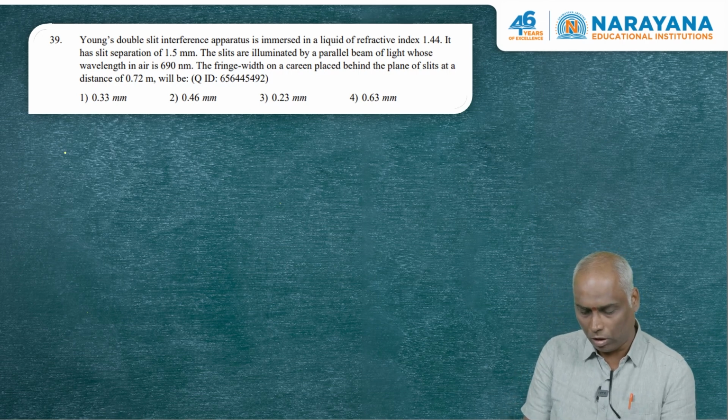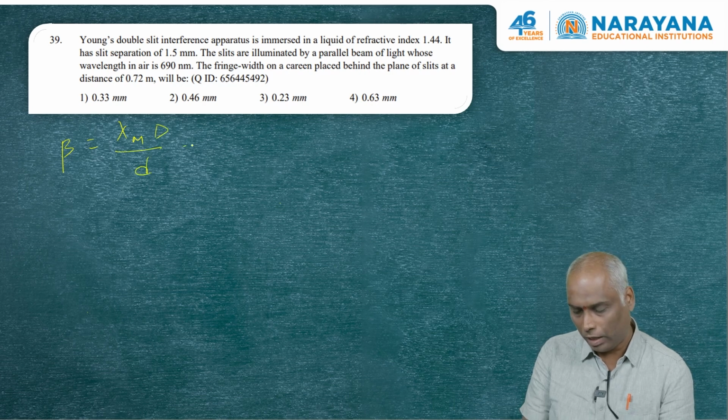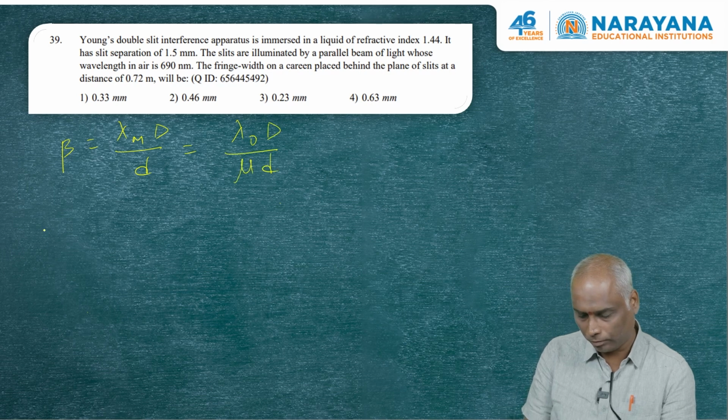So the fringe width of YDSE conducted in a medium is given by beta equals lambda of the medium into capital D, the distance between slits and the screen, whole divided by small d. And we know that the wavelength of light in a medium is given by lambda naught, the wavelength in air, divided by mu. So this value becomes lambda naught capital D divided by mu into small d.